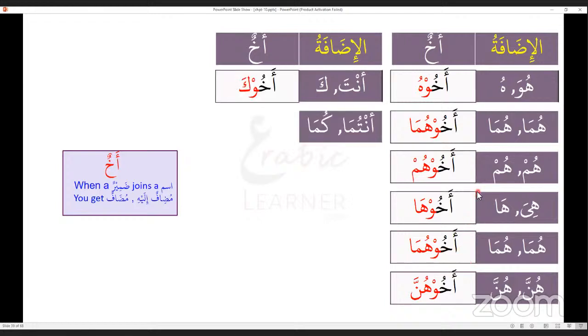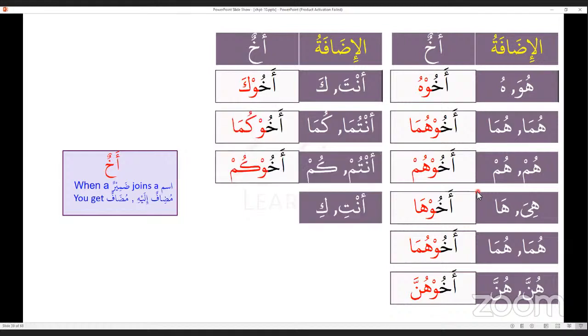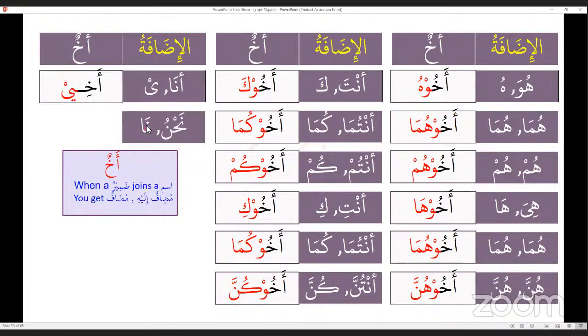Akhuka, your brother. Akhukuma, akhukum, your brother, all of you. Akhuki, akhukuma, akhukunna. Now my brother, akhi. Our brother, akhuna. Okay, this is very simple.